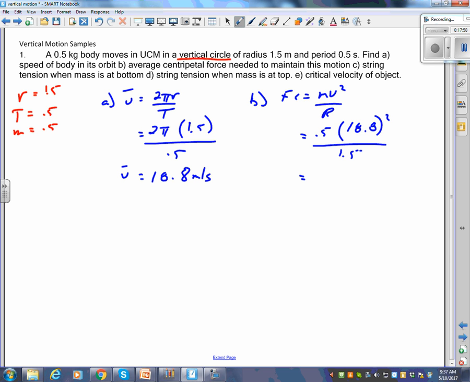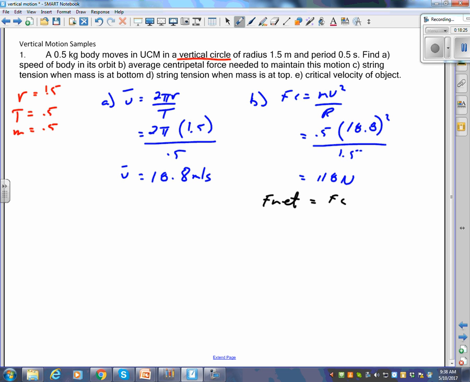Giving us 118 newtons of centripetal force. Okay? And this is the centripetal force. This is the net force. All of the forces on this object are combining together to give us the centripetal force.